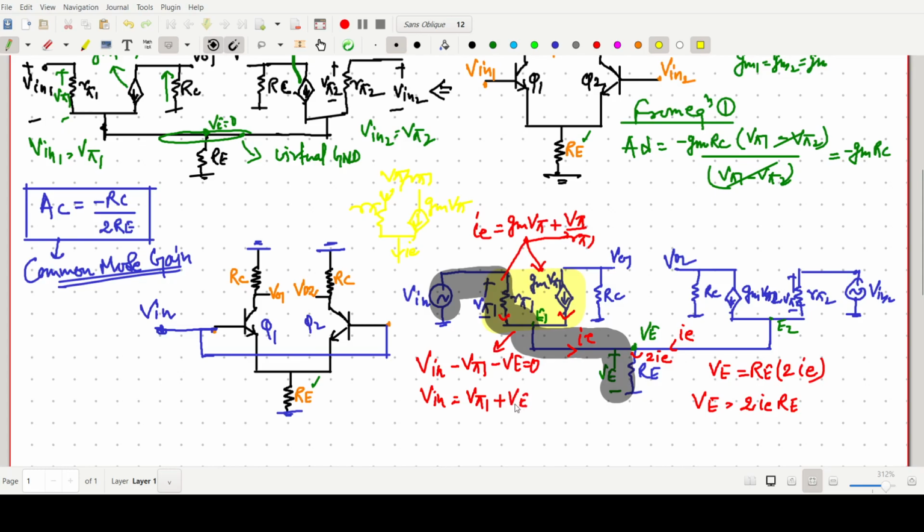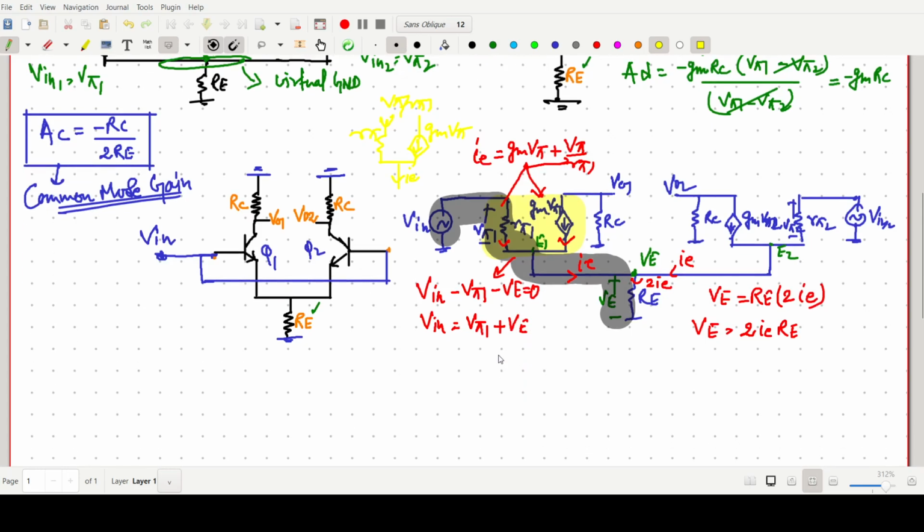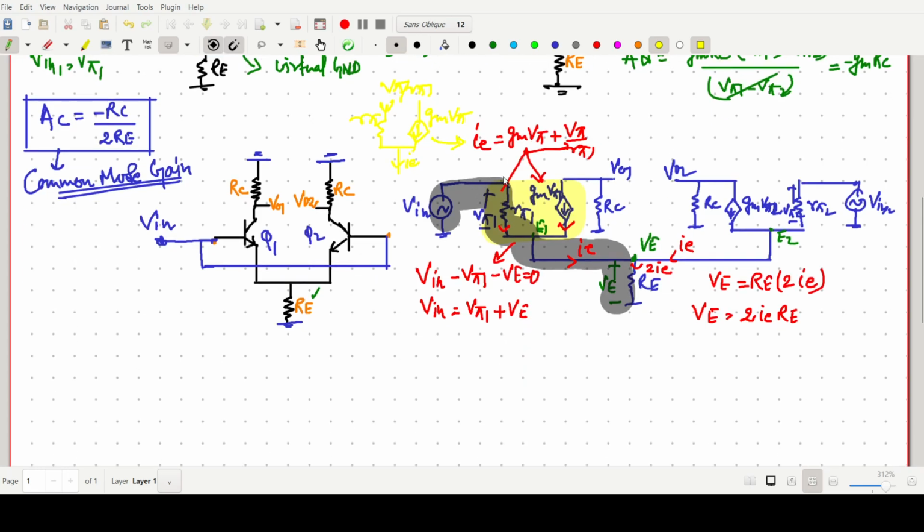So V in, it is very simple. So this VE value is twice IE, which is nothing but simply GM plus 1 by R pi into V pi RE.